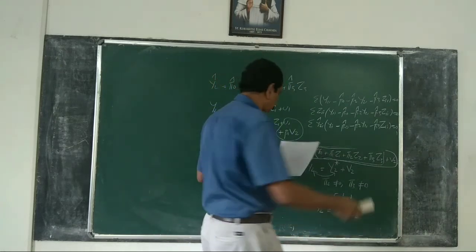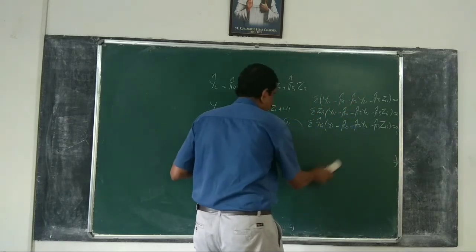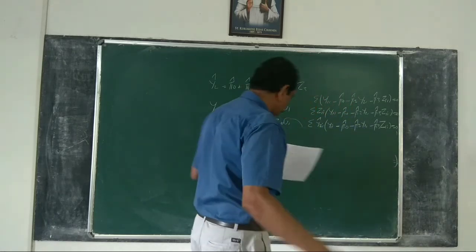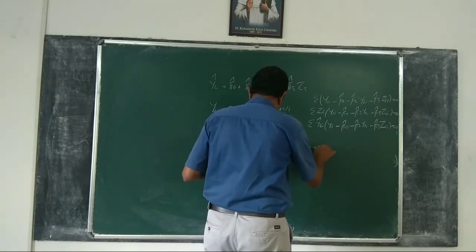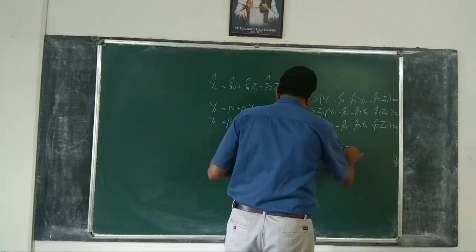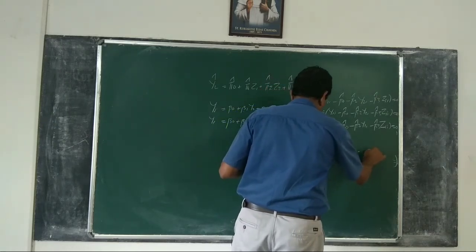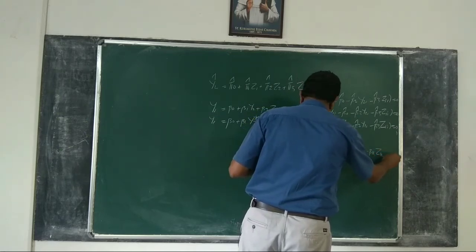Now consider the model y1 is equal to beta 0 plus beta 1 y2 plus beta 3 z1 plus up to beta k z(k minus 1) plus u1.